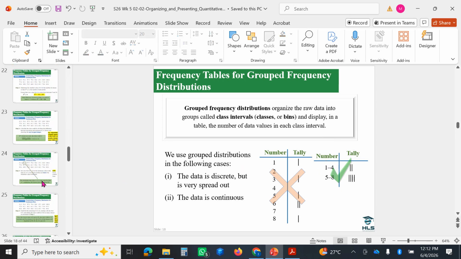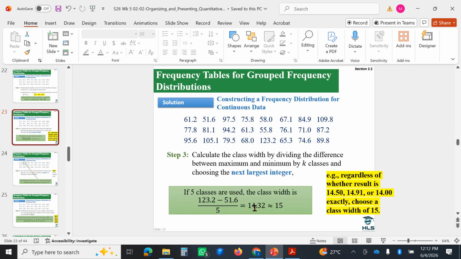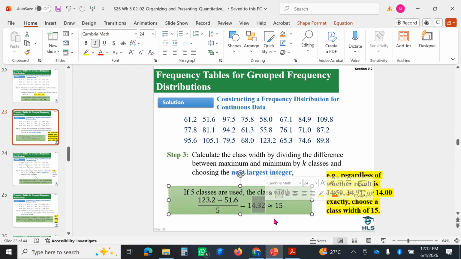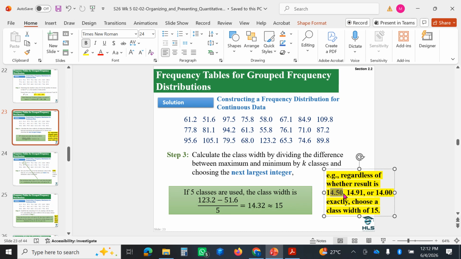In this new example, the class width will be 14.32, which we round up to 15. Regardless of what number gets spit out, you always bump it up. Whether the result was 14.5, 14.91, or even exactly 14, you kick it up to 15.